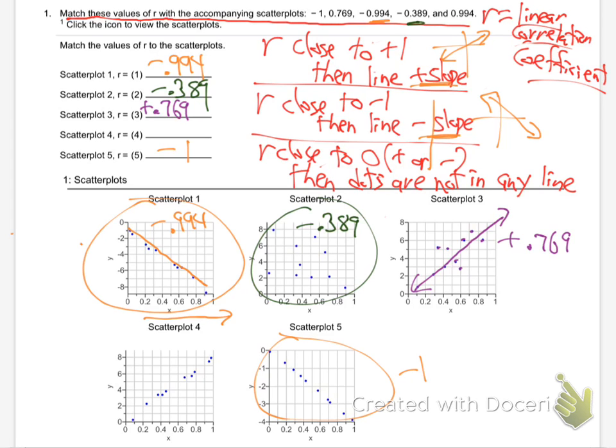And then finally, we've got the last one, which is 0.994, because that's positive, almost a perfect line going up. There we go, recognizing the linear correlation coefficient on a scatter plot.